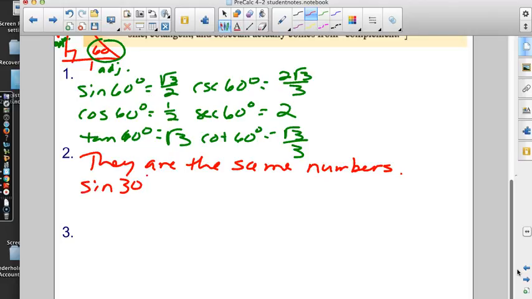Because the sine of 30 degrees came out to be the same thing as the cosine of 60 degrees. And the cosine of 30 degrees came out to be what for 60 degrees? Sine. Notice how they add to 90 degrees. Sine to cosine, cosine to sine.